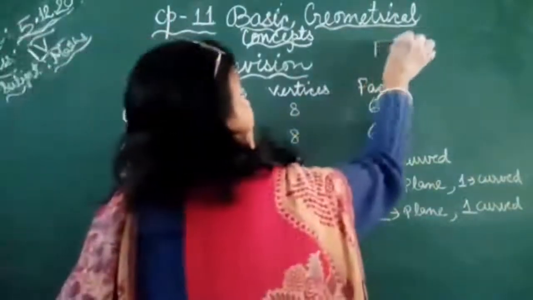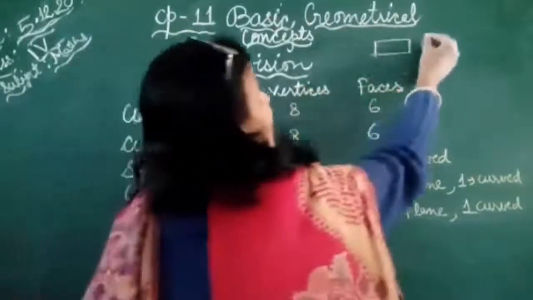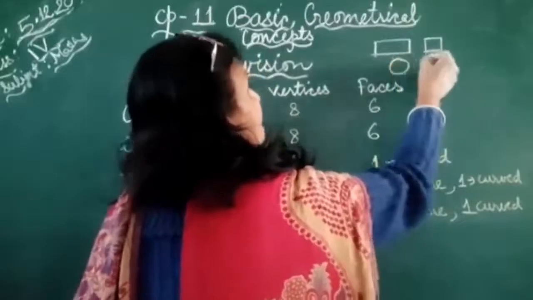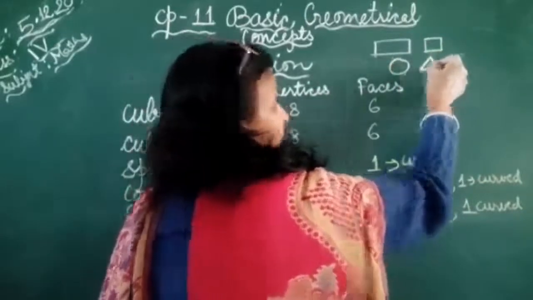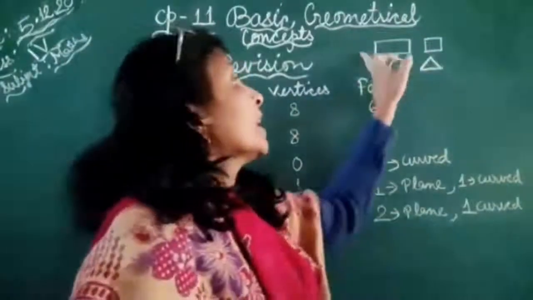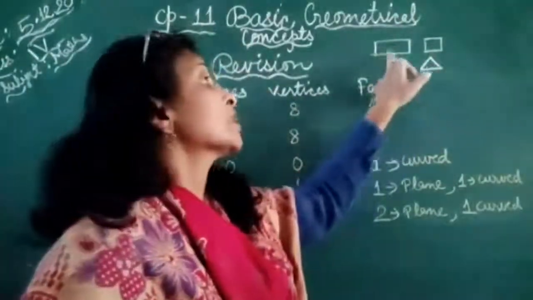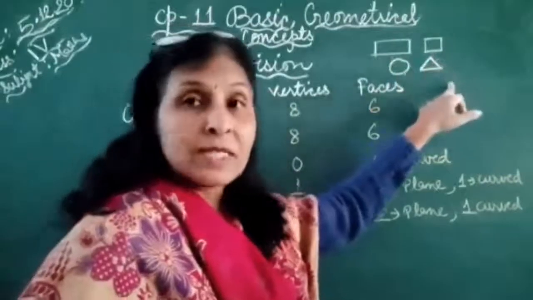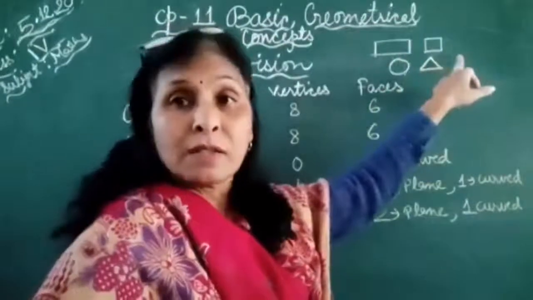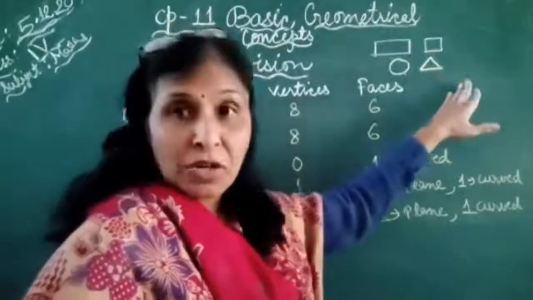That is, this type of shape is rectangle. This is a square, this is a circle, and this is a triangle. And this oval shape is also there, but in our syllabus, the commonly used shapes are these. This is a plane shape. That is a rectangle, square, circle and triangle.